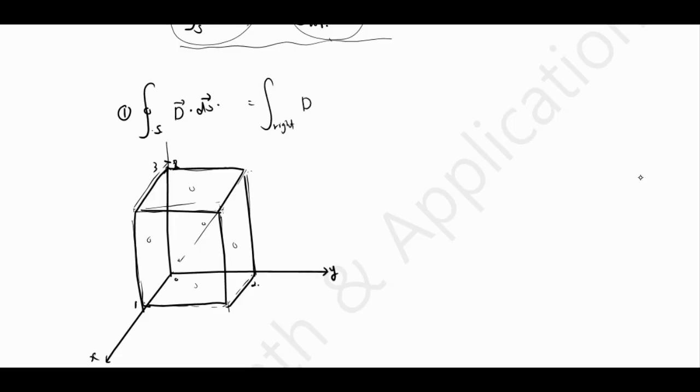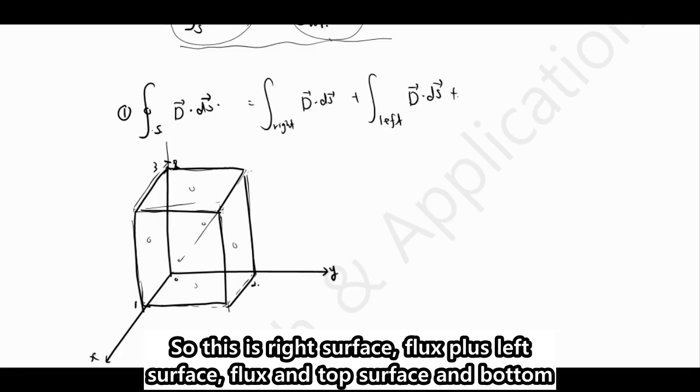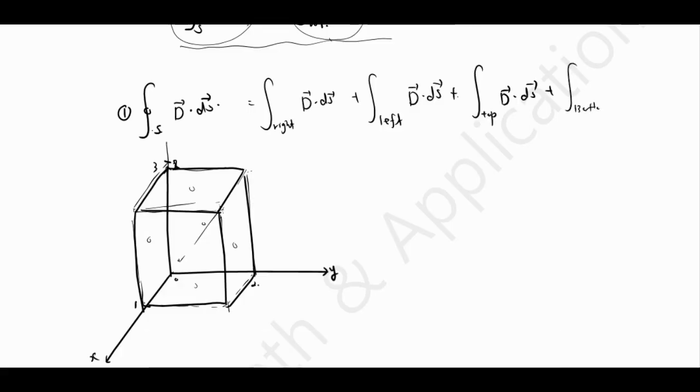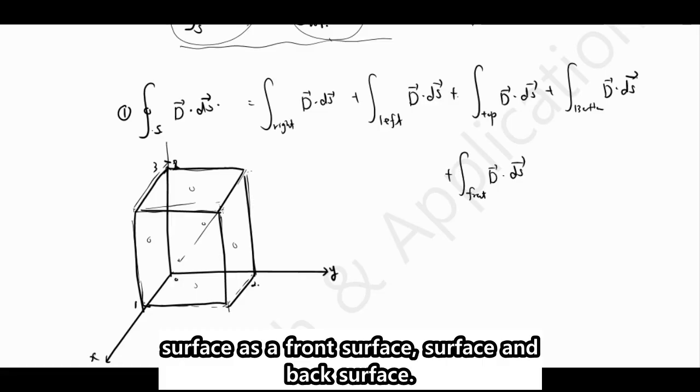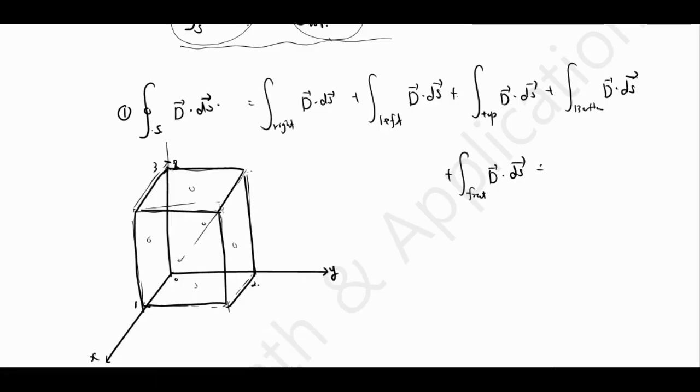So this is right surface flux plus left surface flux, and top surface, and bottom surface, and front surface, and back surface.